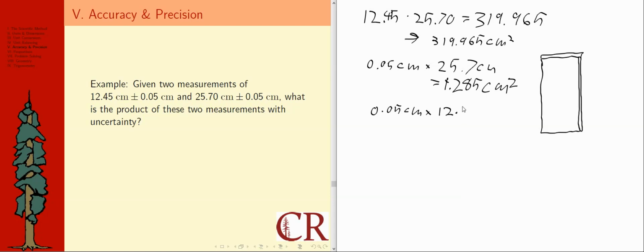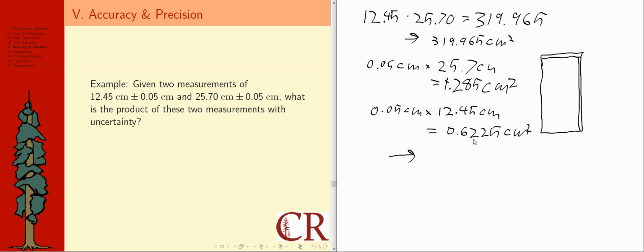So multiply by 12.45 centimeters, and then in my calculator, I'll try to mark it a little more legibly this time, my calculator says for that 0.6225 centimeters squared. So one simple thing to do is to suggest that the error here, just take these two numbers and add them up.